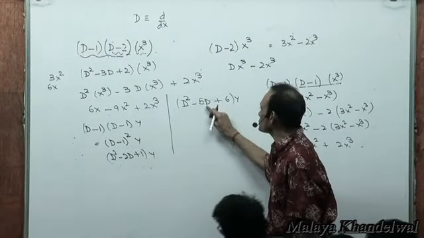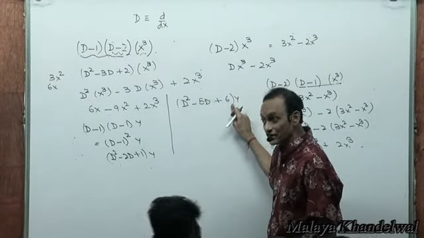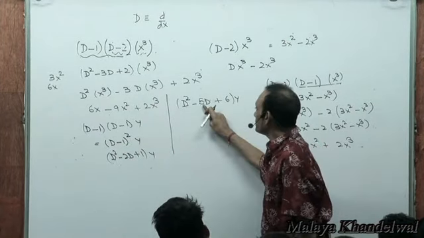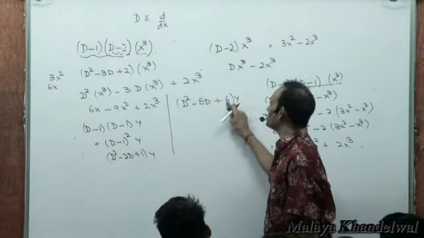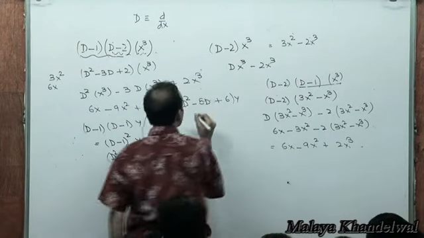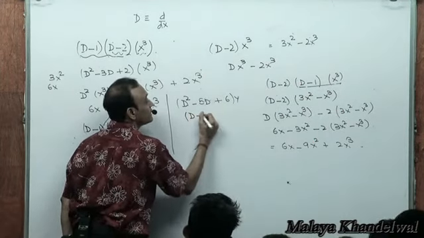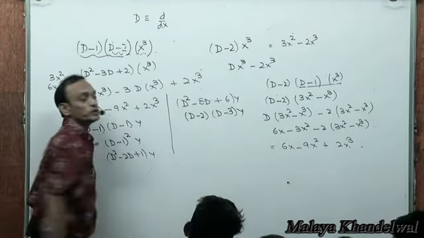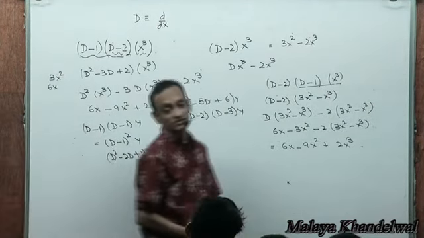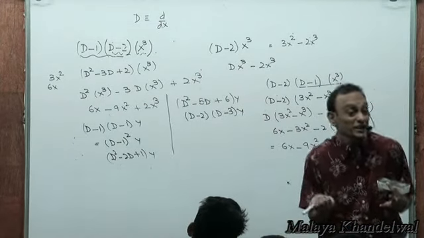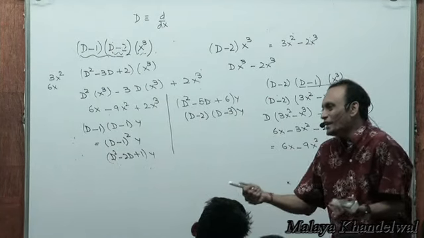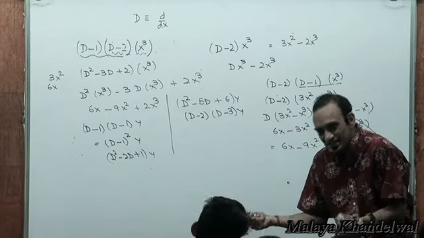D squared minus 5d plus 6 is an operator, which is like d squared acting on y, and then minus 5 times d acting on y plus 6y. I could have said this is the same as d minus 2 into d minus 3 acting on y. I can factorize operators. I can multiply them like I multiplied ordinary polynomials.